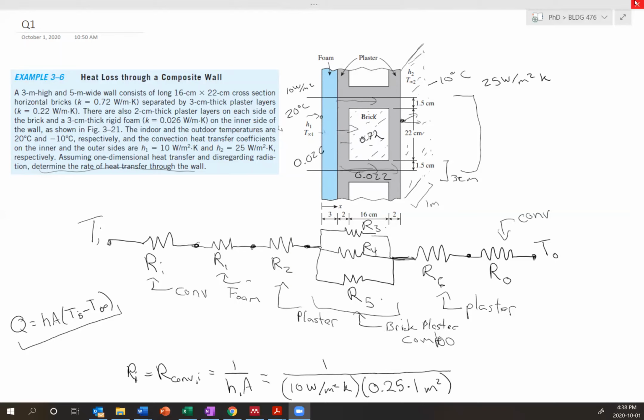Right, so someone's saying I thought it was 5 meters. So it's 5 meters through the wall. So yeah, it's 3 meters high, 5 meters wide. The geometry of this is a little confusing, I find. But I think in this direction that I've drawn the 1 meter, from what I understand, it will be 5 meters high, but we're also only taking a representative piece here.